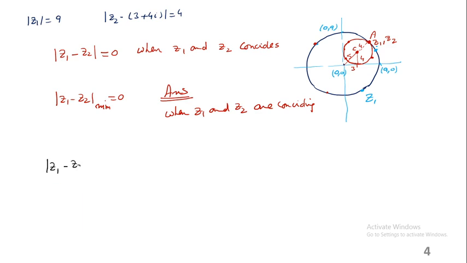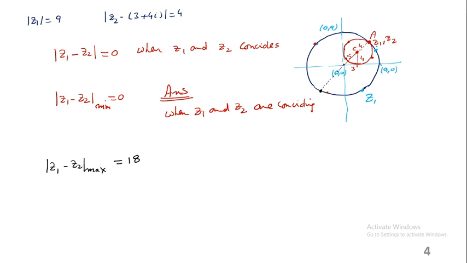In this figure, if we extend the line OA in the backward direction, suppose I take z1 here and I take z2 at the point A, then the distance between z1 and z2 will be the maximum. They will be diametrically opposite, and the distance between them will be 9 plus 9, that is 18 units. So z1 minus z2 will have a maximum value, that is 18, when z1 and z2 are diametrically opposite.